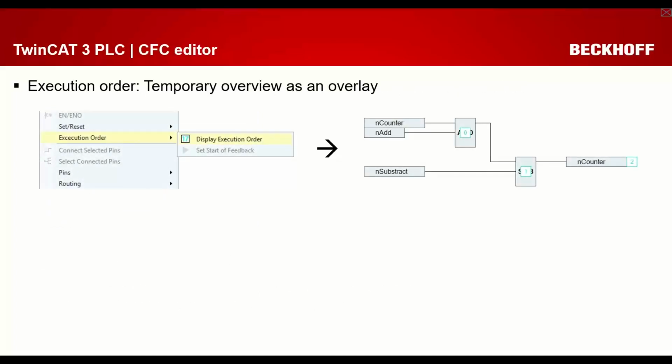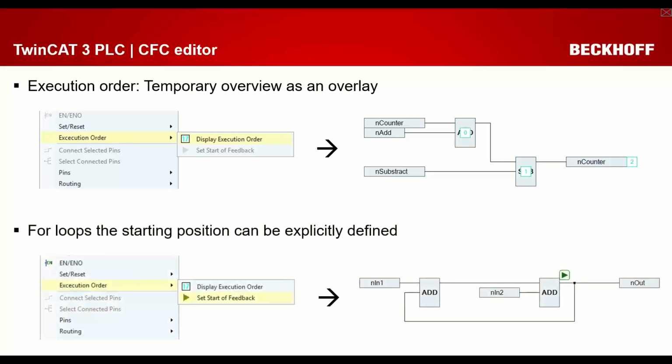And you can see that we can display, of course, the execution order. But this is just a temporary overview to get just information in the editor, which of those blocks are executed first. Then, if you have loops in your code, you can also manually, if you would like to, set a specific start position.